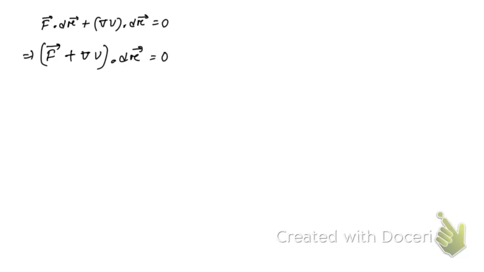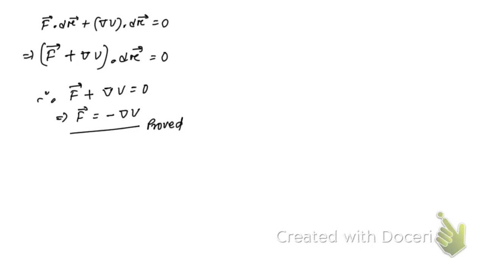Here dr, the displacement, is not equal to 0 in this case, so therefore we can write F plus grad V is equal to 0, which means F is equal to minus grad V, hence this is proved. Or you can write this way, F is equal to minus grad V.